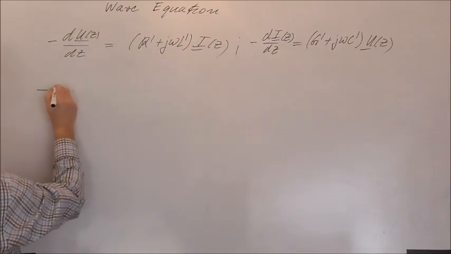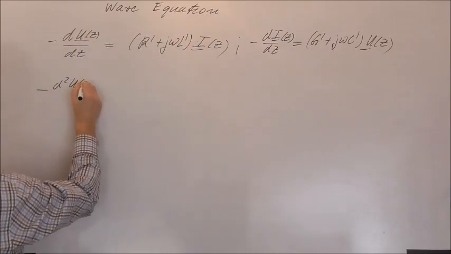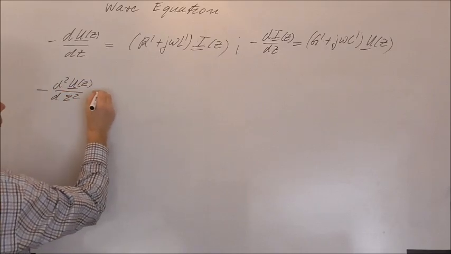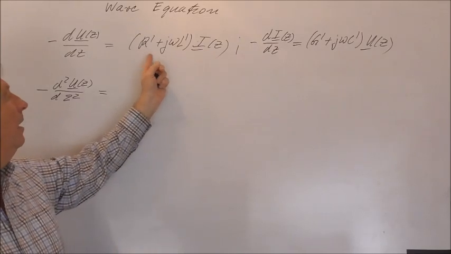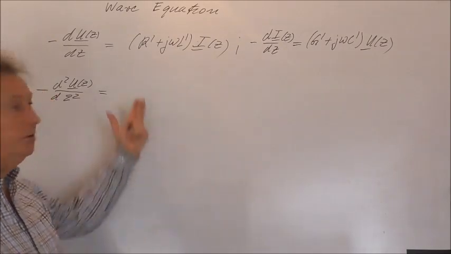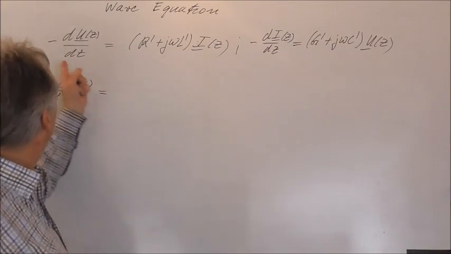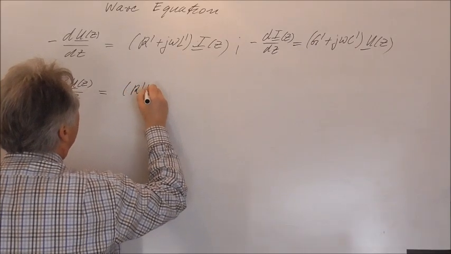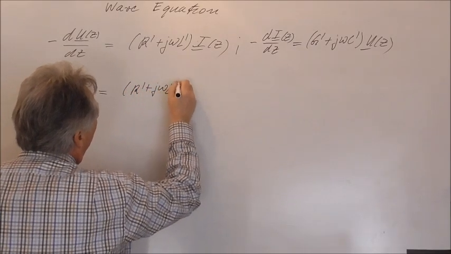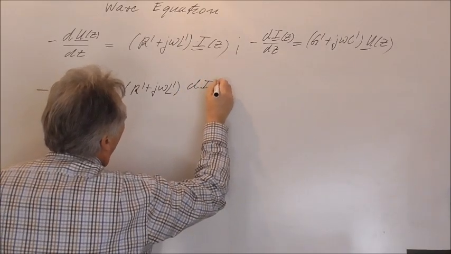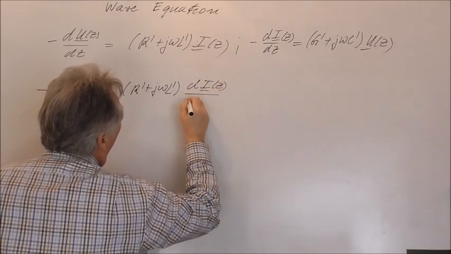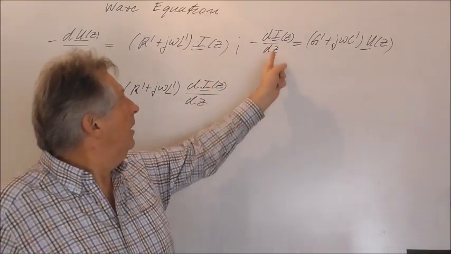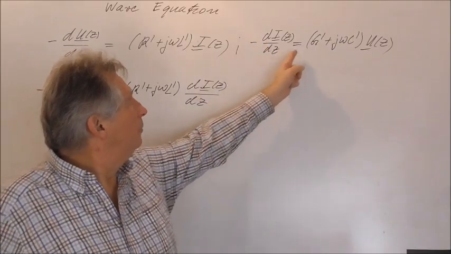So we will get the second derivation of u of z with respect to z square. Of course, these elements are independent of the z coordinate because the transmission line is homogeneous, so the derivation will only apply to the current. So we will have R plus J omega L prime times the derivation of the current with respect to Z. And of course you see here this derivation of the current, or the decay of the current, is equal to this.